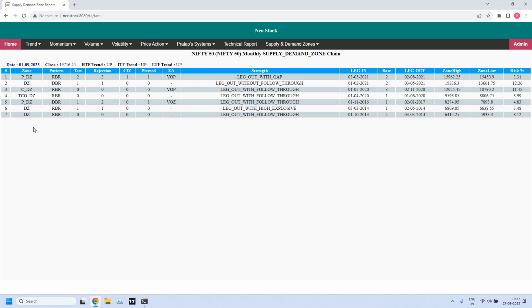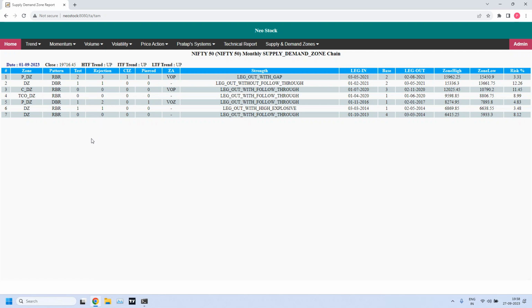Probably it may take a week to analyze all the high liquidity zones for Nifty 50, or it may take 1 month for identifying all high liquidity zones for all the time frames. But a computer system identifies all the high liquidity zones for all the time frames in just 2 or 3 seconds. That is what the software is doing.